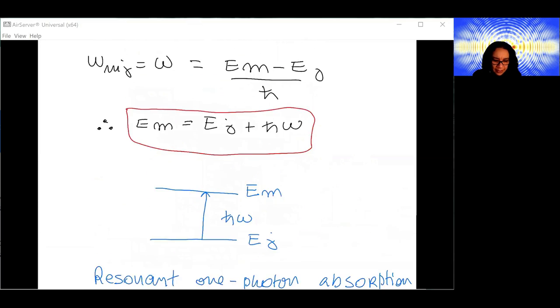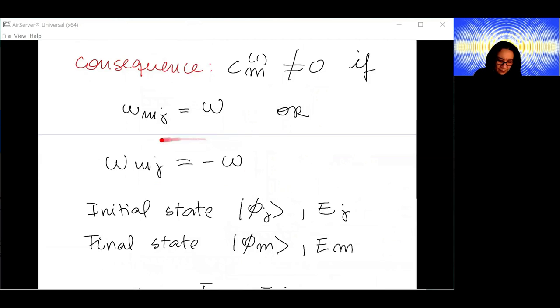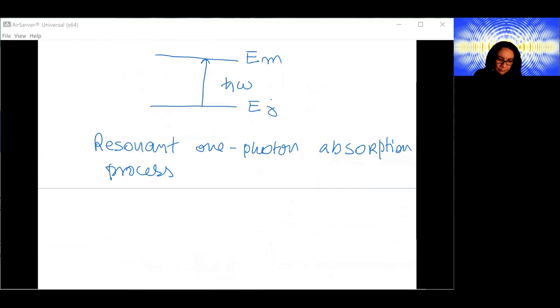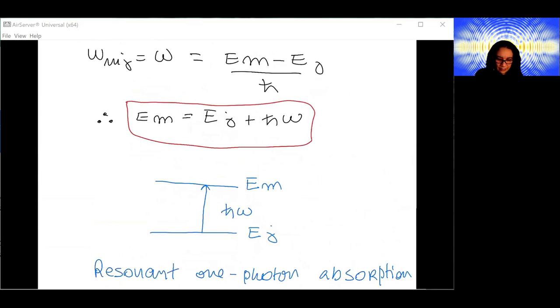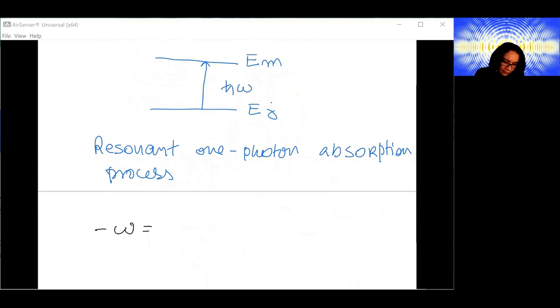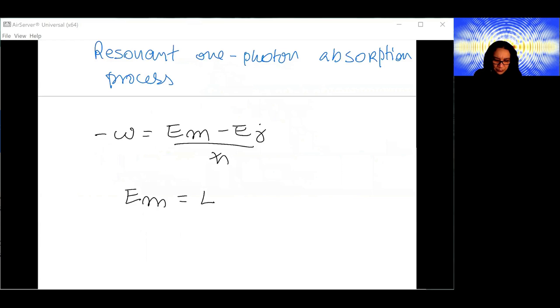Now, if we go for the other case, which was this one, what do we see? We see that if minus omega is equal to Em minus Ej divided by h bar, we'll find that Em, which is your final state, is going to be equal to Ej minus h bar omega.